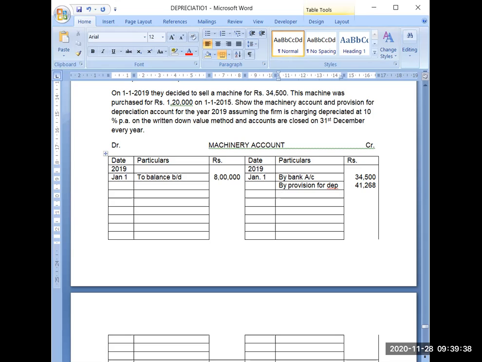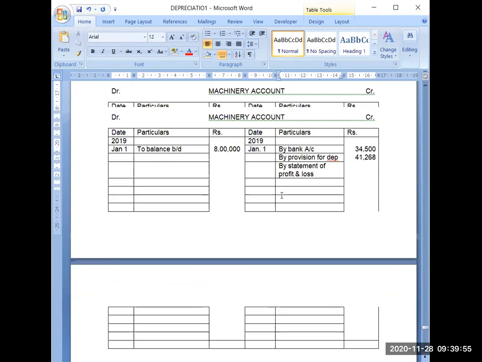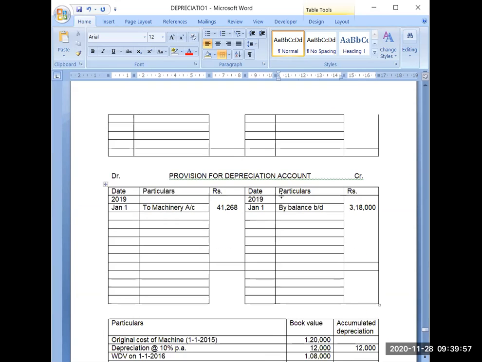Now we will calculate the profit or loss by statement of profit and loss. Now you know how to calculate it. The sale value is 34,500.